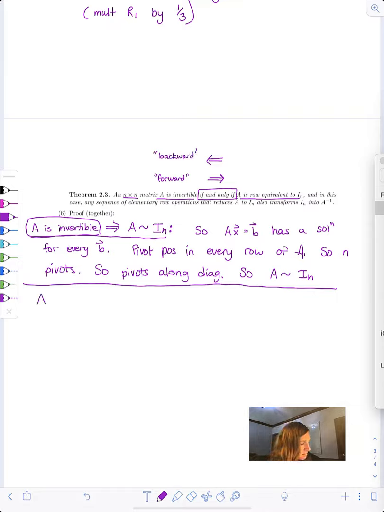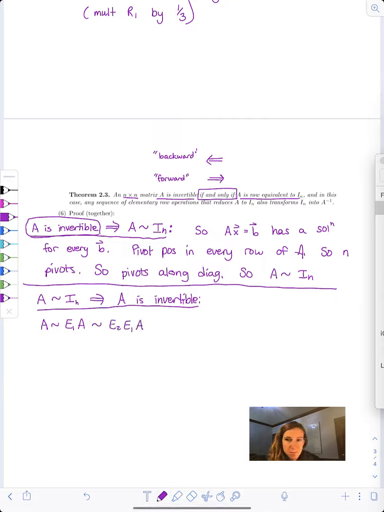This says that if A is row equivalent to the identity, then A is in fact invertible. And so the way we can see this is, well, we do a bunch of elementary row operations. We do E1 to A. Then that's row equivalent to E2 E1 A, like our second elementary row operation, all the way down to, let's say we have P row operations.